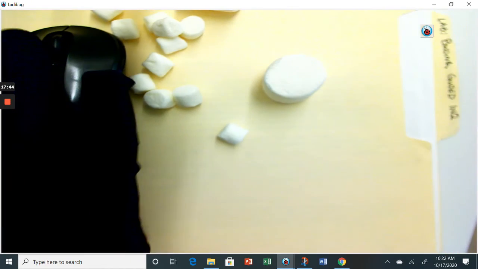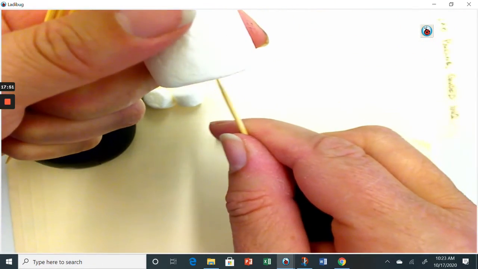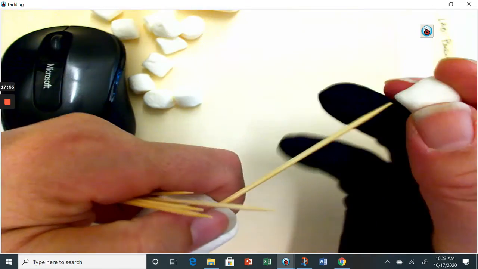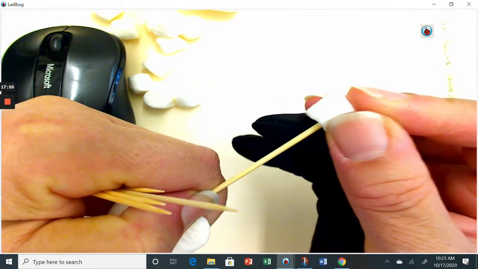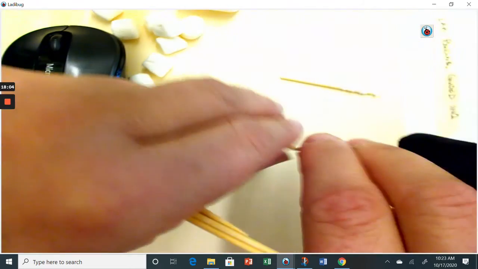So when we look at a 2-domain, I've got a center atom and I have 2 things binding off of it. I might shorten these so that you can see it underneath the ladybug. So I'm just going to break my toothpicks in half because they're really long.